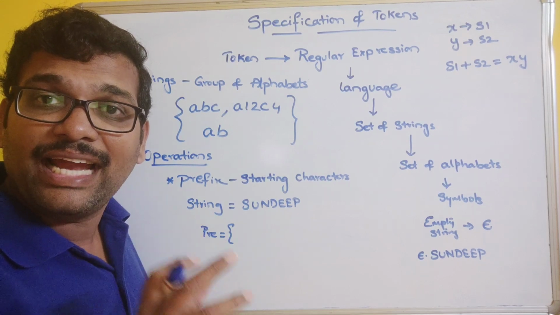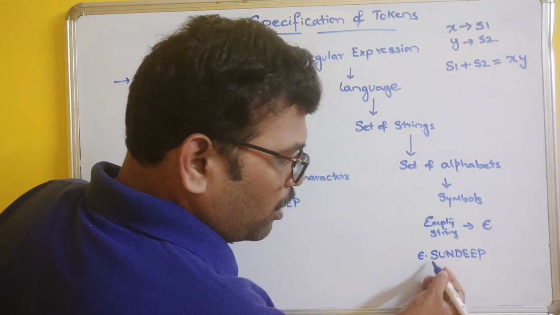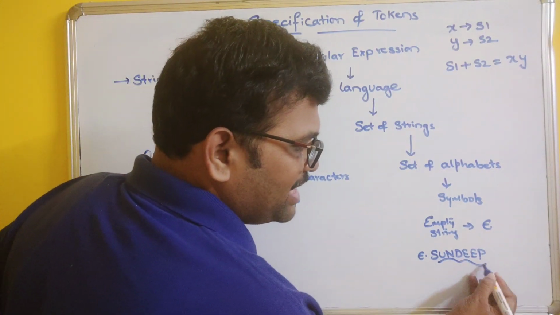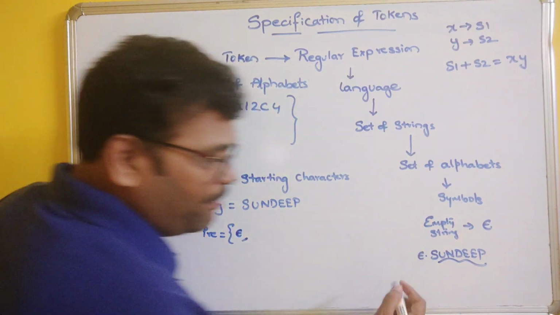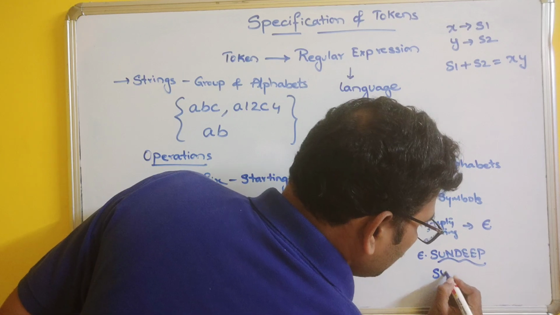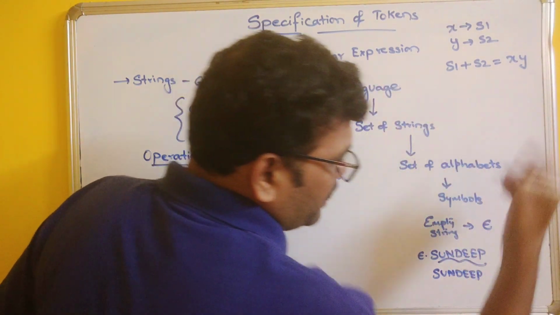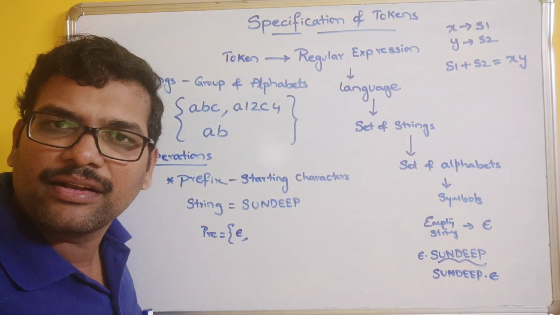The concatenation always combines the strings. So here also epsilon dot Sundeep. What is the prefix? Obviously epsilon. And the same thing you can represent as Sundeep concatenated with epsilon. It also does not change anything, right?